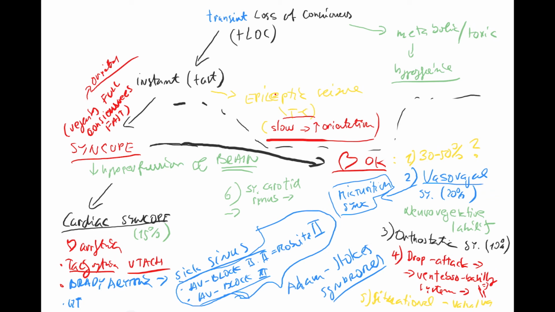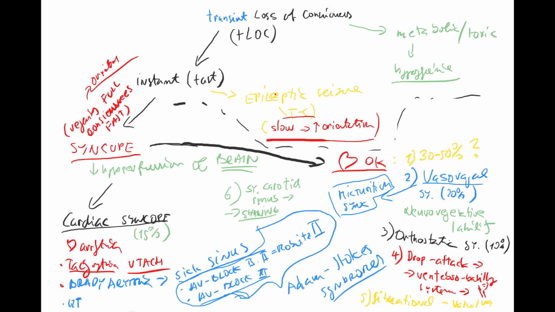Or it could be due to seat belts, you know, which are compressing your neck. Or it could be during shaving, okay? So sometimes these people faint. So it's due to the carotid sinus stimulation, okay? So that's another type of syncope. So basically I named almost all of the types of syncopes you can have over here, yeah?